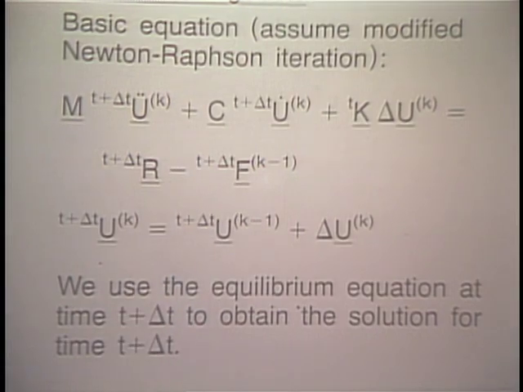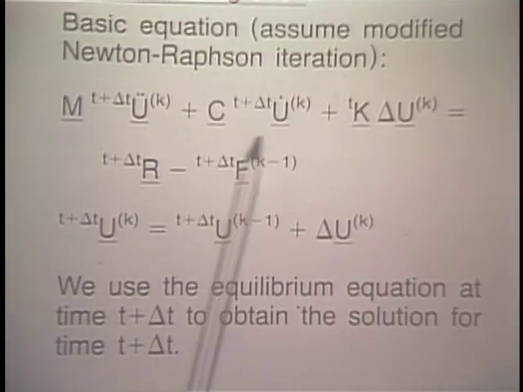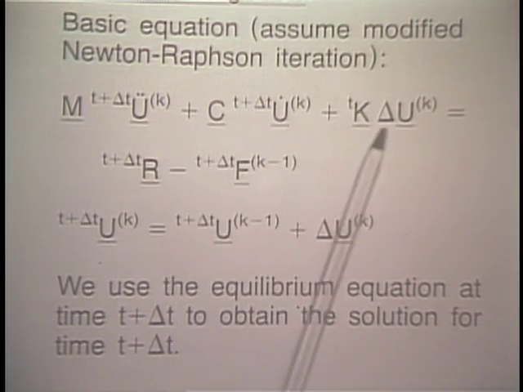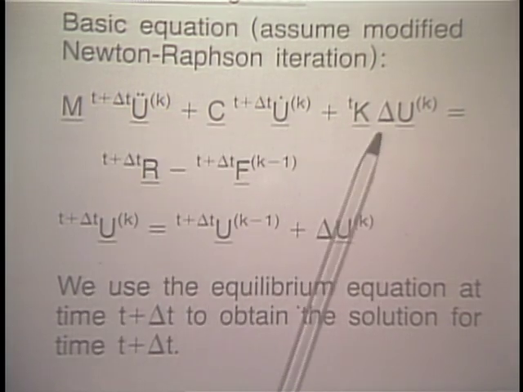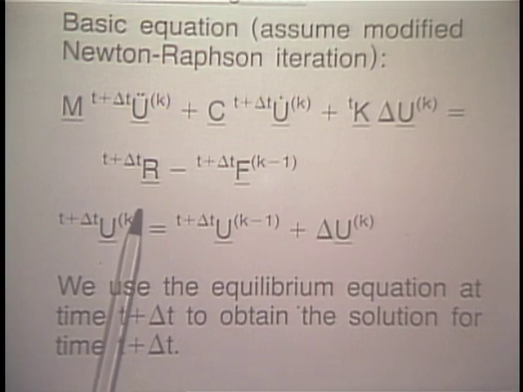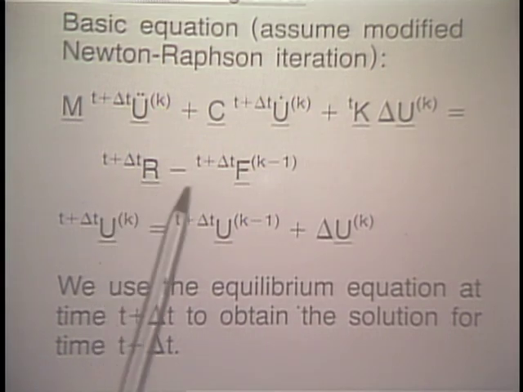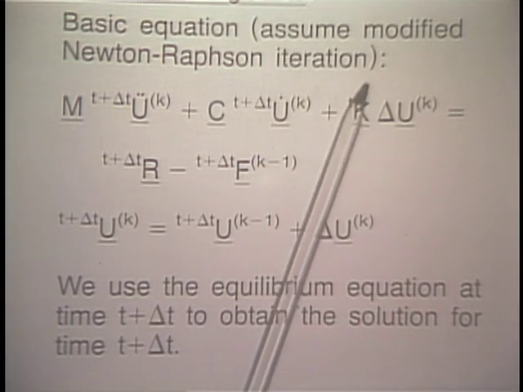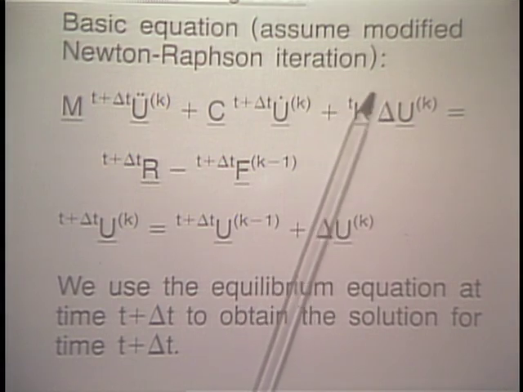Notice this is the equilibrium equation at time t plus delta t. This is quite different from what we're doing in explicit time integration. In explicit time integration, we're looking at the equilibrium equation at time t to obtain the solution at time t plus delta t. Here, we are using the equilibrium equation at time t plus delta t to obtain the solution at time t plus delta t. And that means that we have to deal with a stiffness matrix.